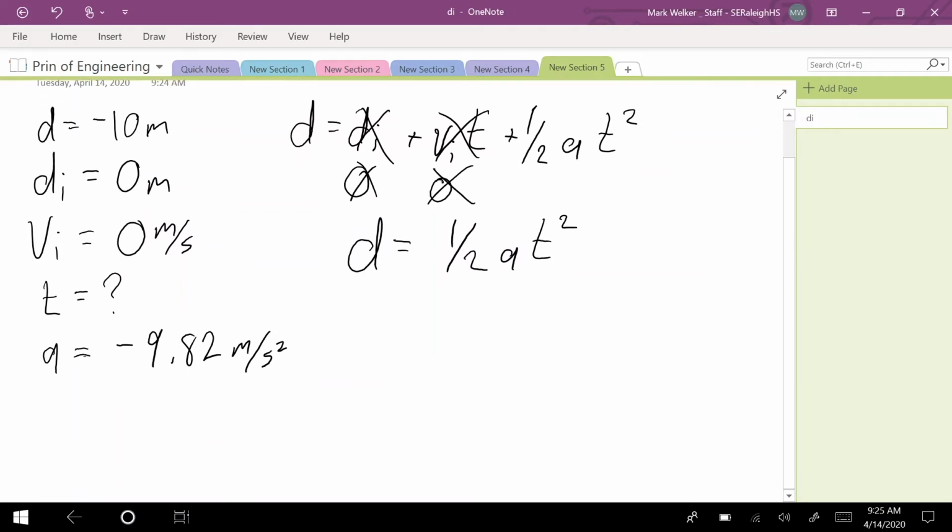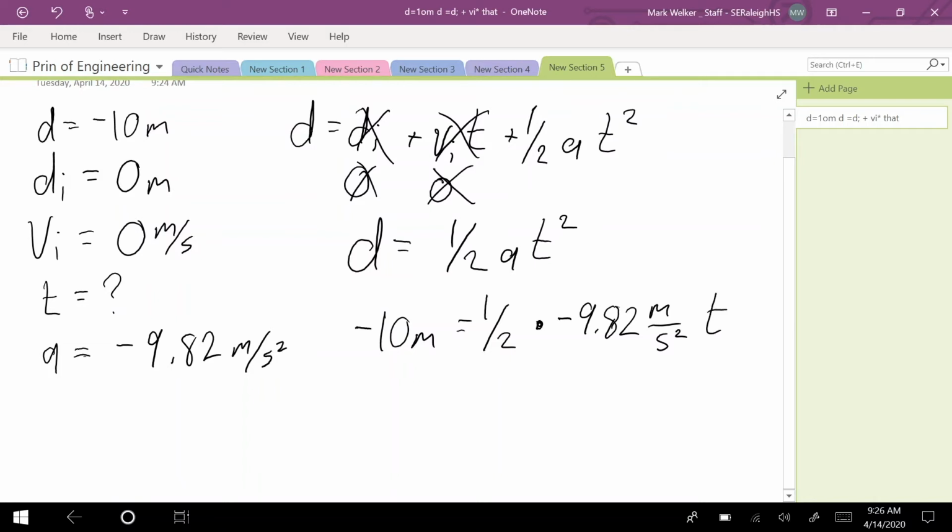So plugging in our numbers, negative 10 meters is going to be equal to 1/2 times negative 9.82 meters per second squared times time, which we know is going to be in seconds squared, because time is squared.